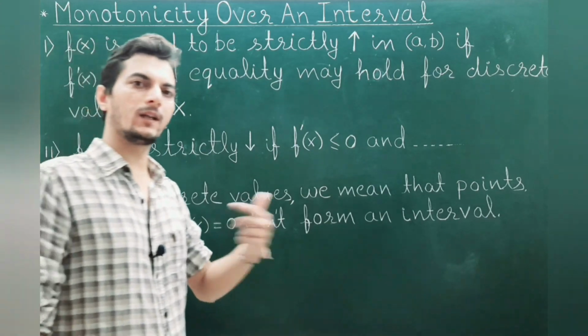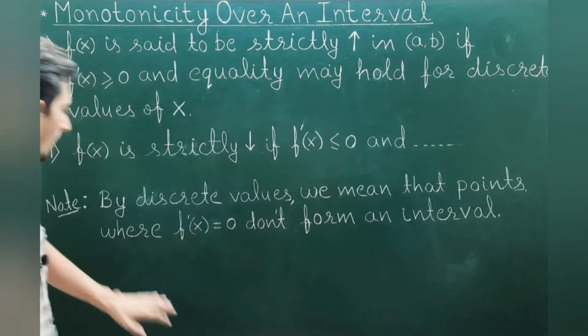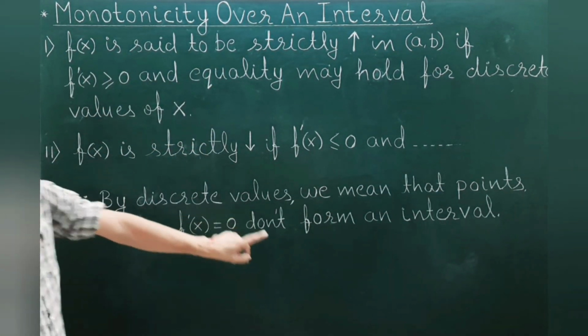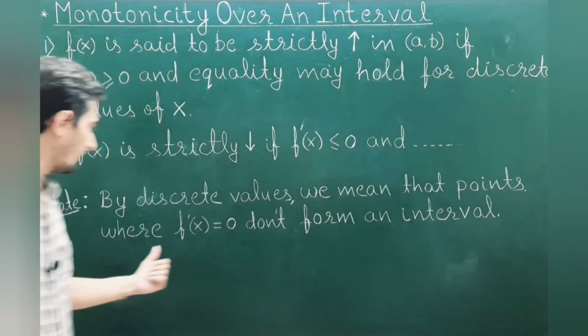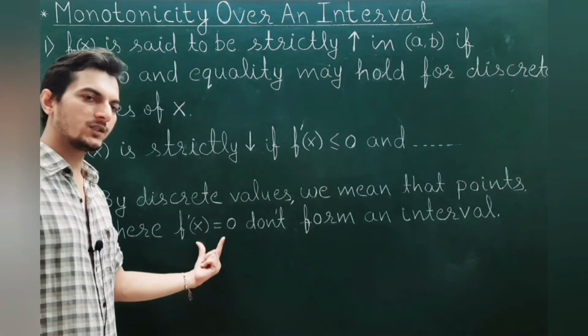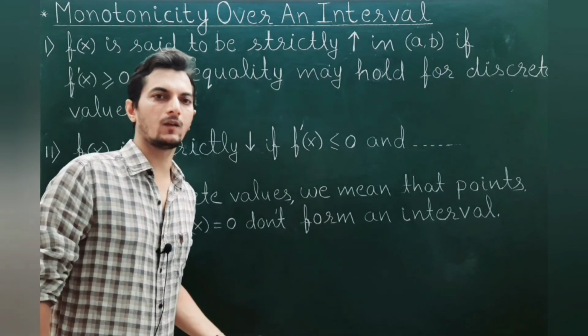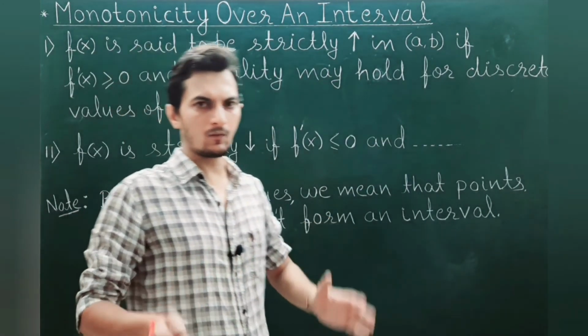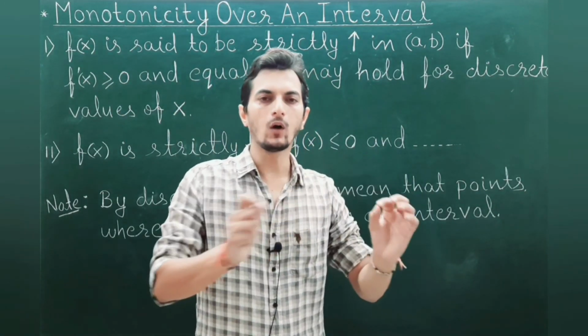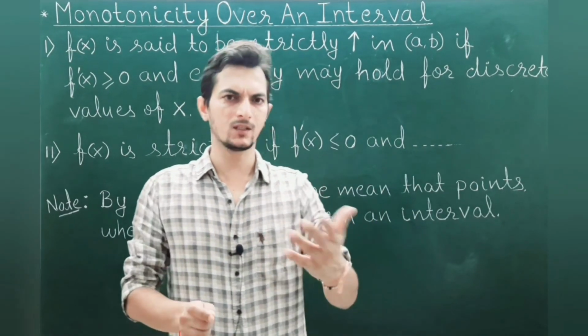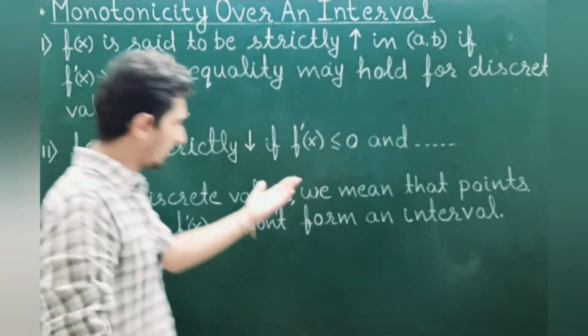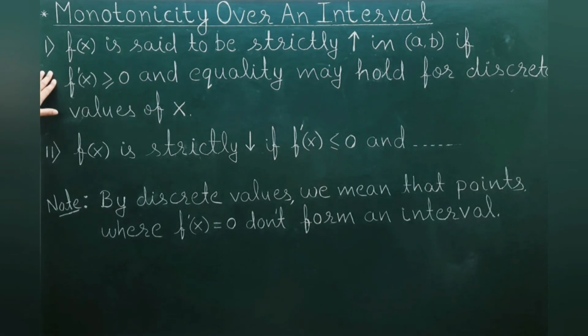And by the discrete values, we mean that the points where f dash x is equal to 0 don't form an interval. They must not form an interval or collectively a large number of points, which is an interval only, right? So it is the simple point for strictly increasing.